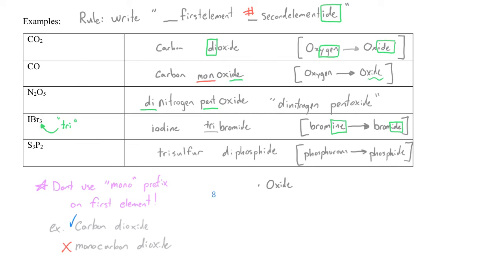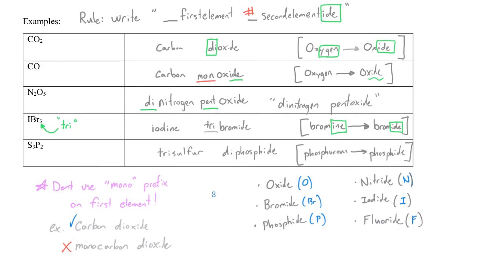We've also seen bromine, which transforms into a bromide, and we've seen phosphorus, which transforms into phosphide. What about nitrogen? Nitrogen transforms from nitrogen into nitride. Iodine transforms from iodine into iodide. For fluorine, we get fluoride. For chlorine, we get chloride. And for selenium, we get selenide.